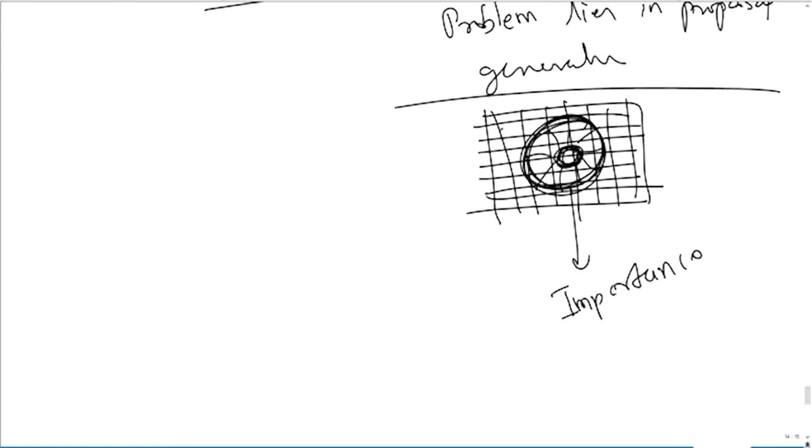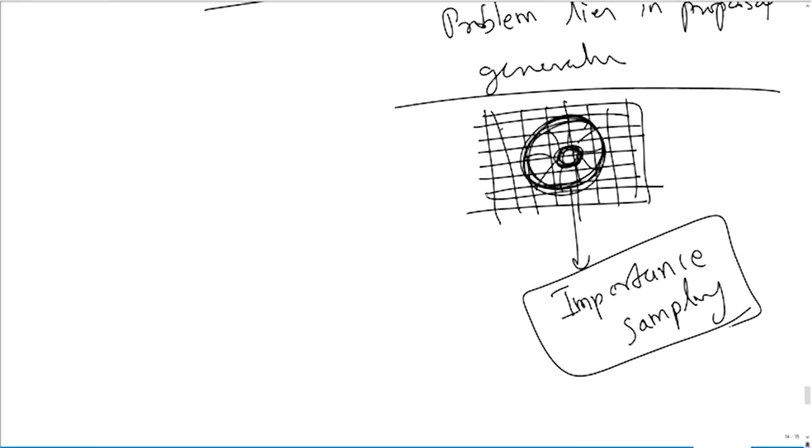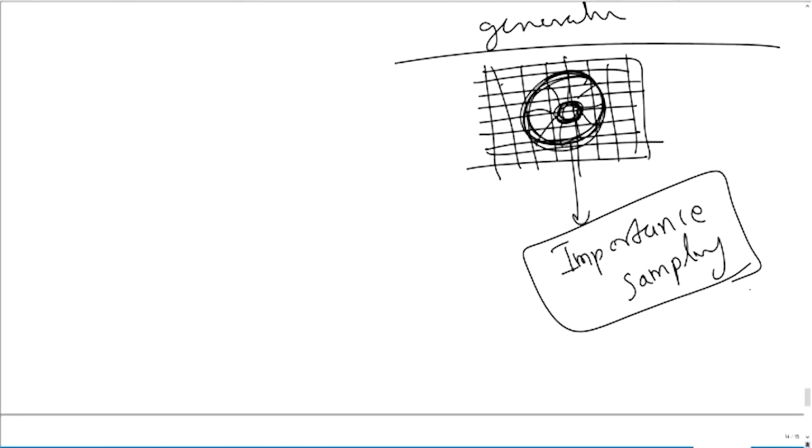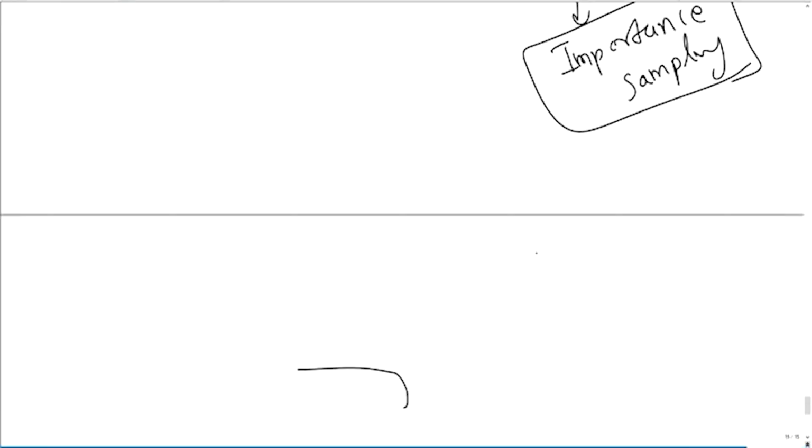Rather than generating proposals based on grid points, basically dividing the parameter space into equal grid points, we will sample proposals from an importance density, a density which is closer to the posterior distribution. For example, let's say you have some idea that the posterior distribution of theta would be somewhat like this. It can range between, let's say, 0.6 and 1.